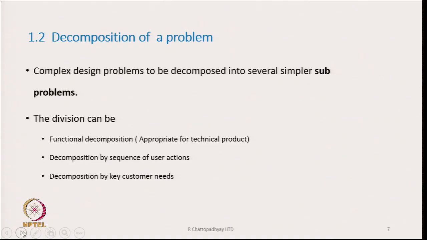Then decomposition by sequence of user action, that way one can also decompose a problem, or decomposition by key customer needs. So, what are the key customer needs or key performance parameters we can say in a product, and we can decompose the problem based on these key performance parameters or performance characteristics, whatever we want to say.